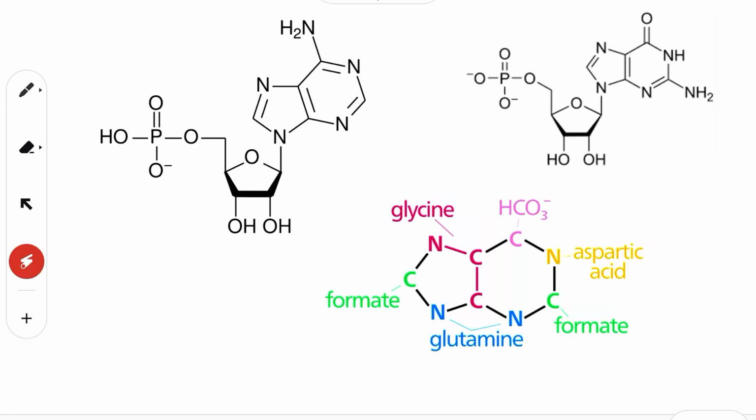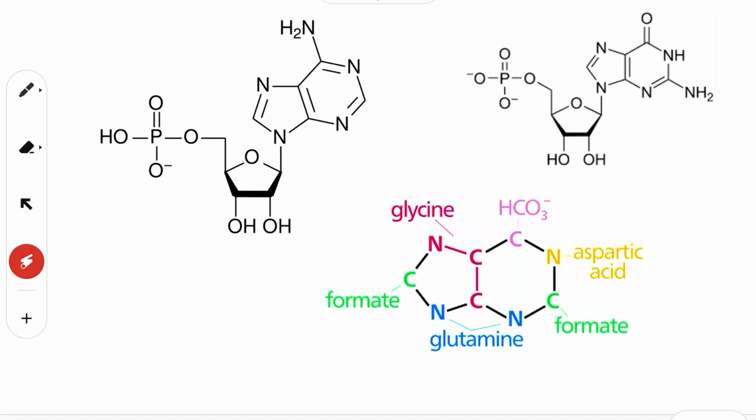Then C2, C3 and N7, these three atoms, are donated by glycine. C4 is donated by bicarbonate. N5 is donated by aspartic acid, whereas C5 and C8 are donated by formyl tetrahydrofolate or methylene tetrahydrofolate.